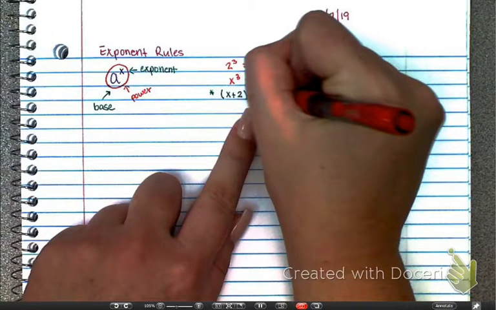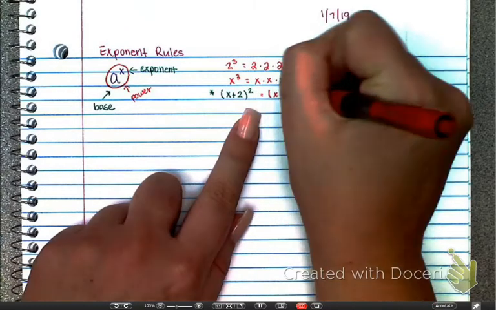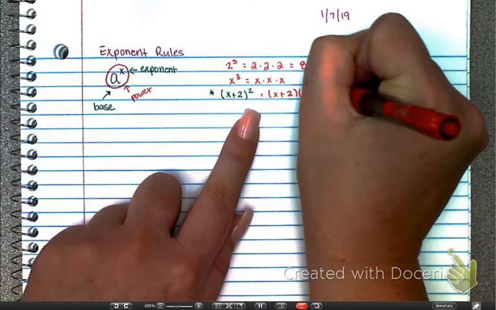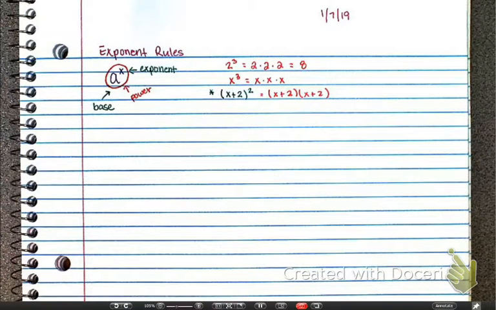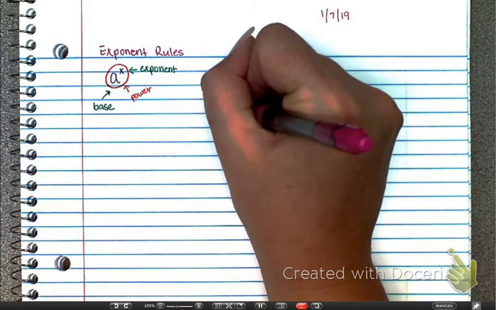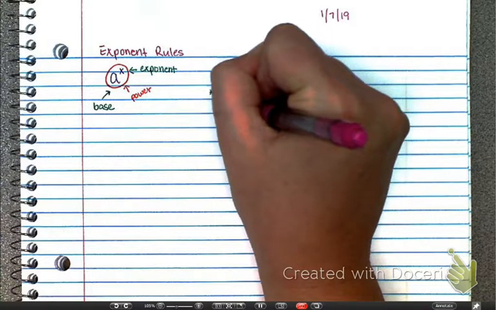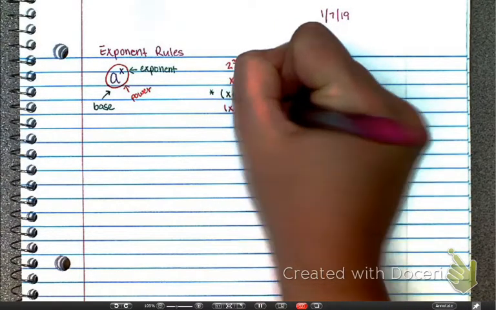How about x plus 2 times x plus 2? I have that term, that base, multiplied twice because it has a power of 2. Yes? No? Maybe? Okay, so how about x minus 3 to the 3rd power?